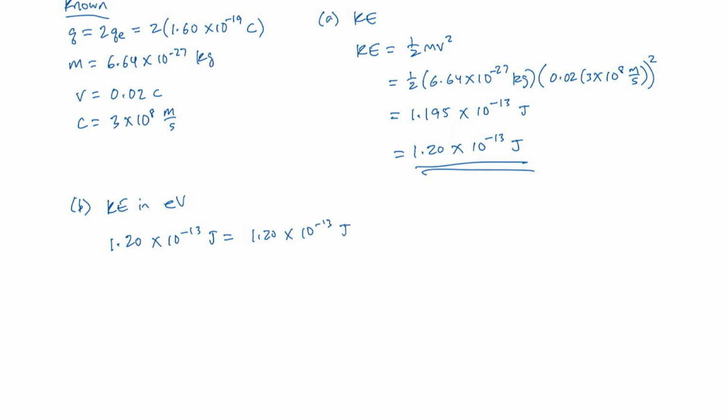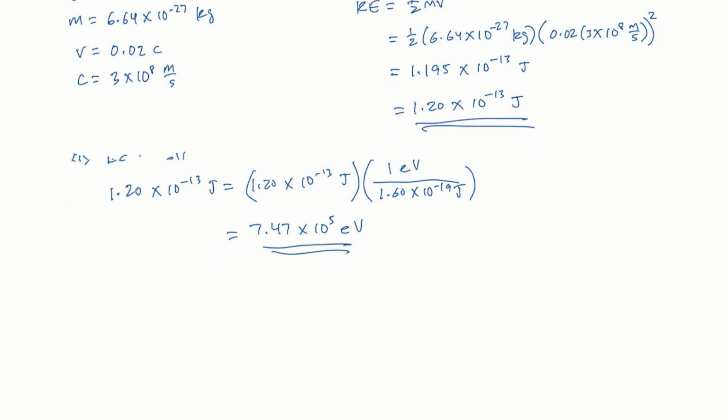And now let's do the conversion. In 1 electron volt, there is 1.60 times 10 to the minus 19 joules. Okay, we find it is 7.47 times 10 to the 5th electron volts.